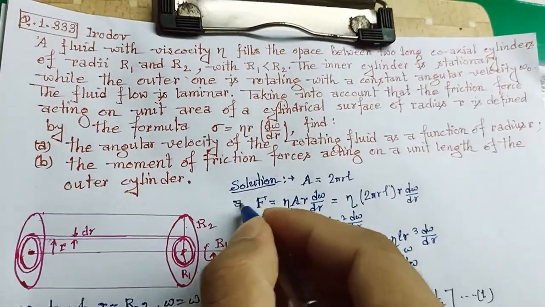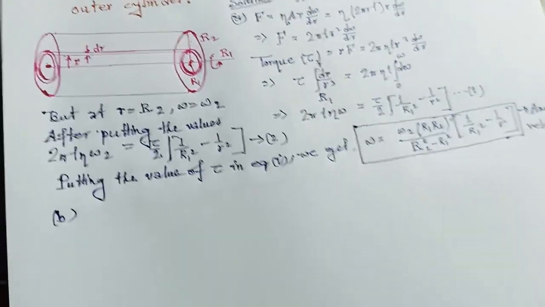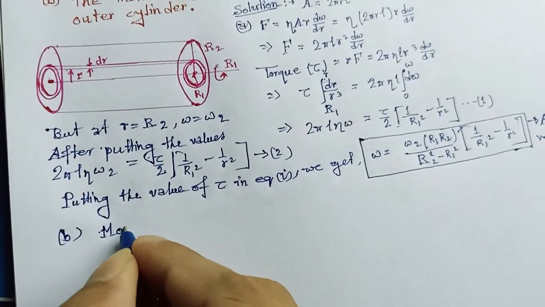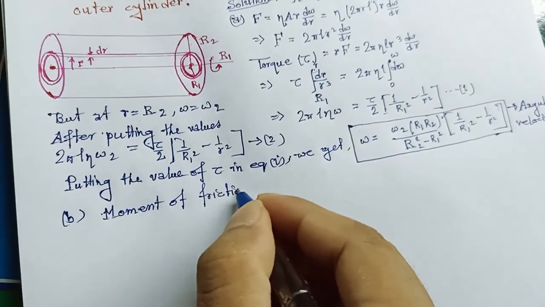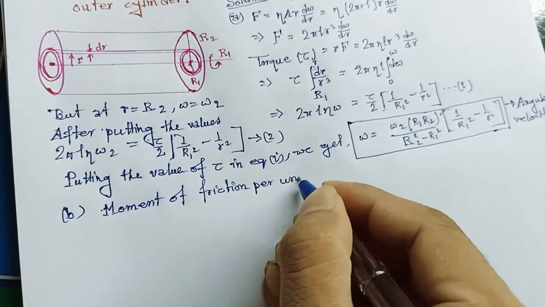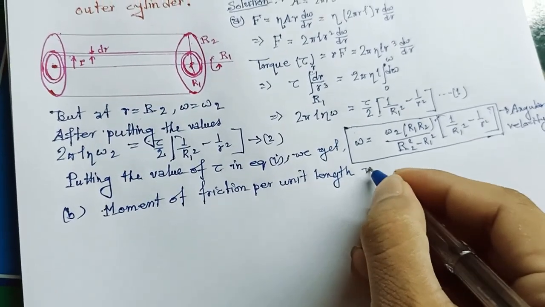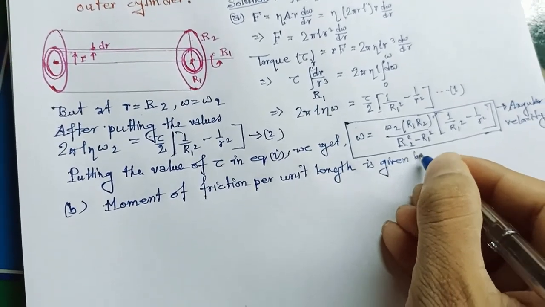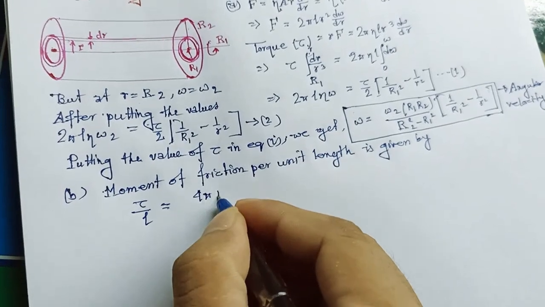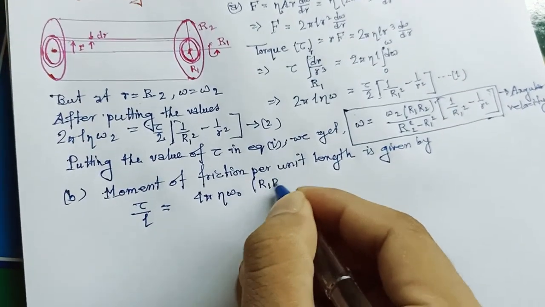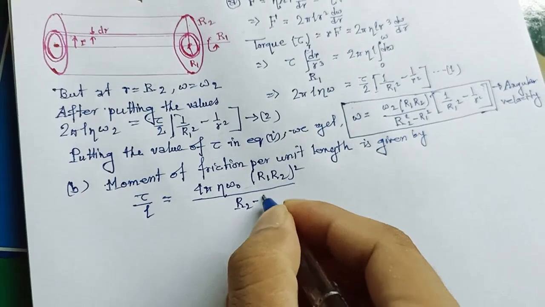So this was our solution of part A, and for the solution of part B, the moment of friction per unit length is given by tau divided by L, which will be equal to 4 pi eta omega naught R1 R2 squared divided by R2 square minus R1 square.